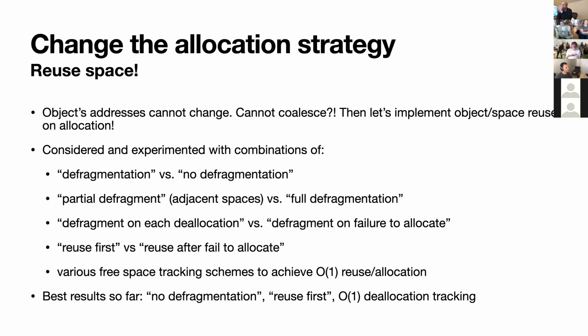I got really good results with no defragmentation at all, reusing the first deleted object, and I had some logic inside that guarantees O(1) deallocation tracking, so it will not impact the performance.